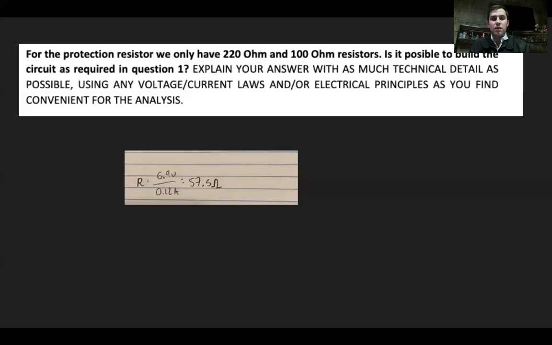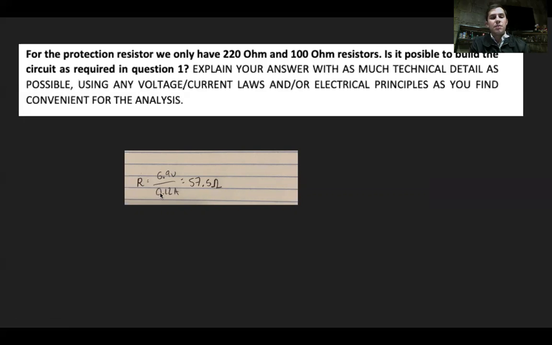Here is a question: if we have a 220 ohm and a 100 ohm resistance, can we use them in the past circuit? The answer is no, but we can make some changes, as I did here, also with Ohm's law.